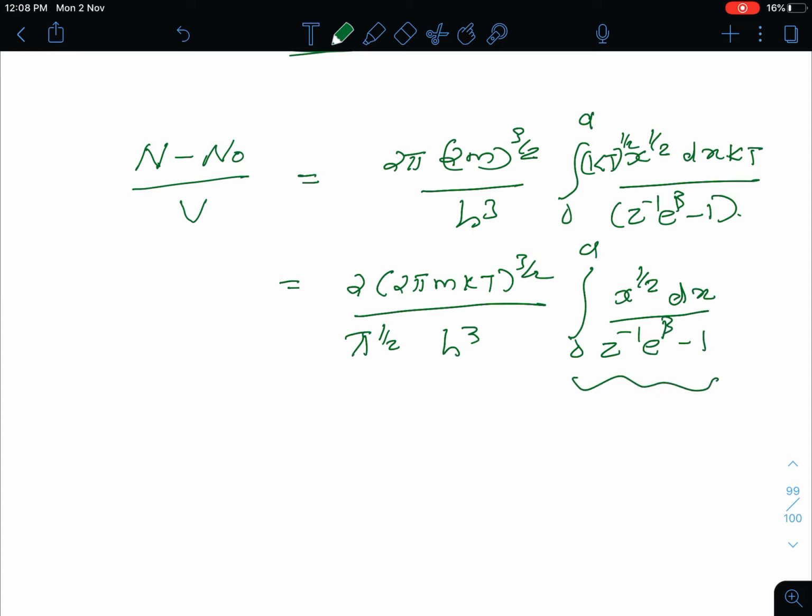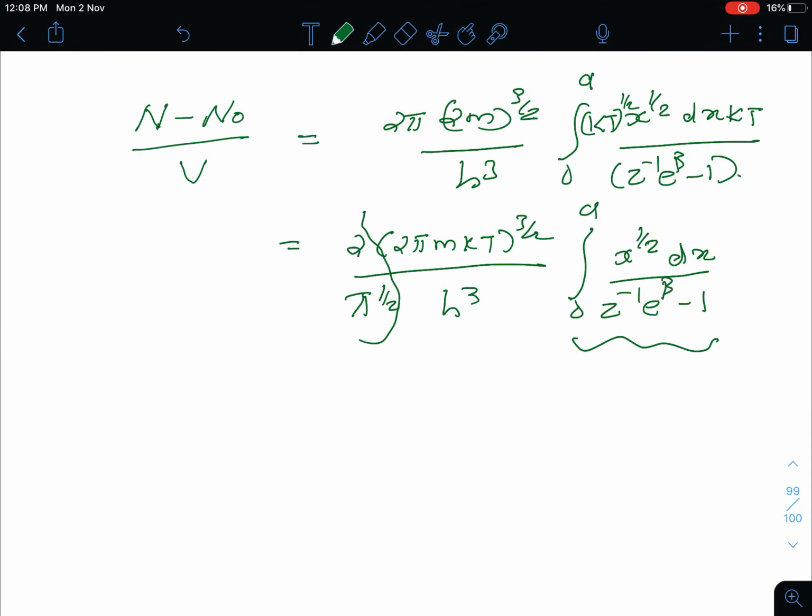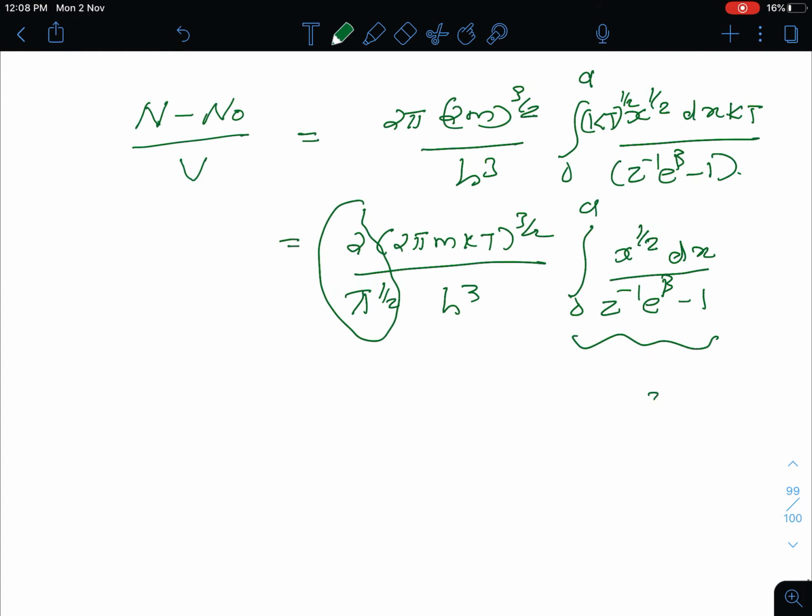From the first look you can say 1 by gamma, taking this also together, half means 3 by 2 minus 1. So this is simply g 3 by 2 of z. And what is gamma 3 by 2?